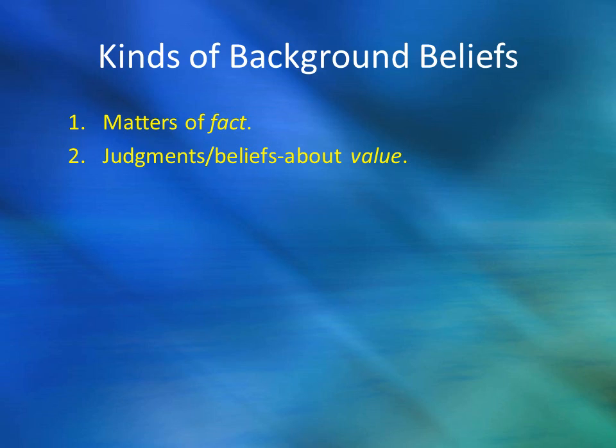Alright, kinds of background beliefs. Now, there could be more than these. There could be, for example, metaphysical background beliefs dealing with the nature of things that you think exist and so forth. These are two that one of the texts talks about: matters of fact and judgments about beliefs about value.